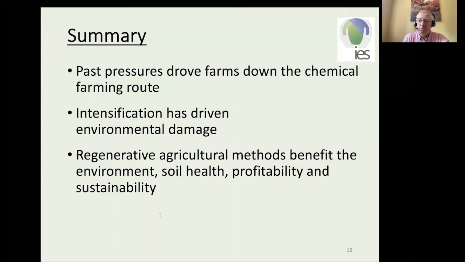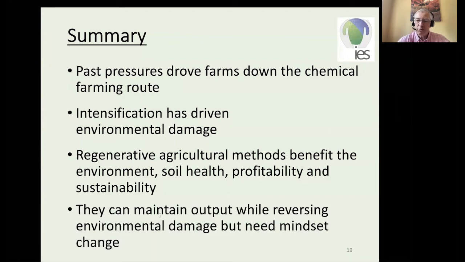Regenerative agriculture is a completely different management mindset, which can benefit the farmer and the environment. It's based on 5 simple ideas. The application of regenerative agricultural management has clearly demonstrated benefits in environmental outcomes, soil health, farm profitability, and overall sustainability.